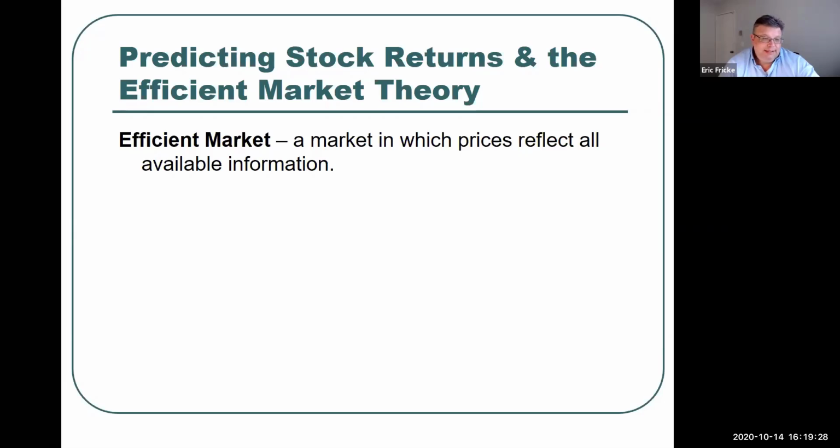Now keep in mind that this is a theory of the perfect stock market, and it's not necessarily what we see. I don't know if you've heard the term straw man. A straw man is something you put up, just an idea, and then you start taking shots at it, saying this is wrong, this is wrong.